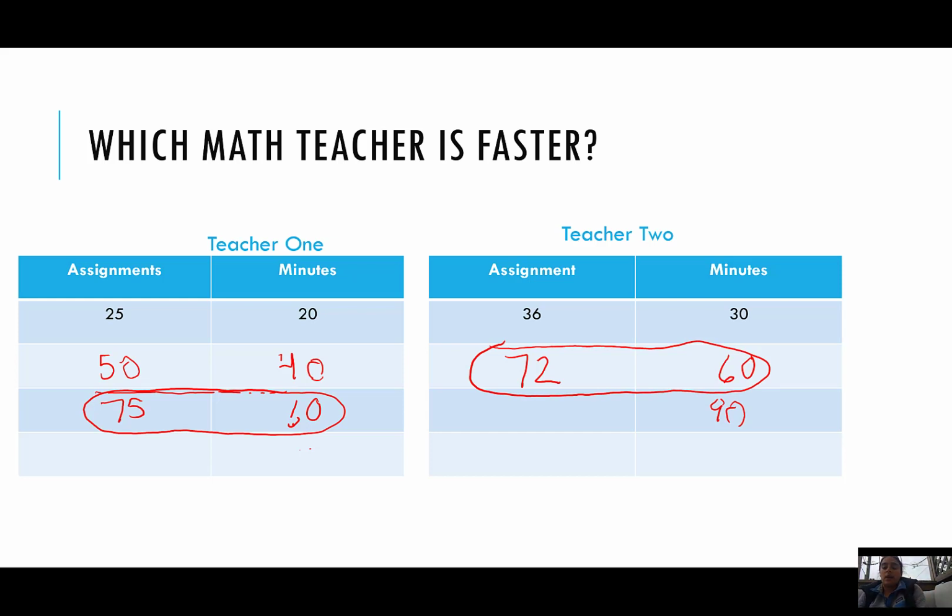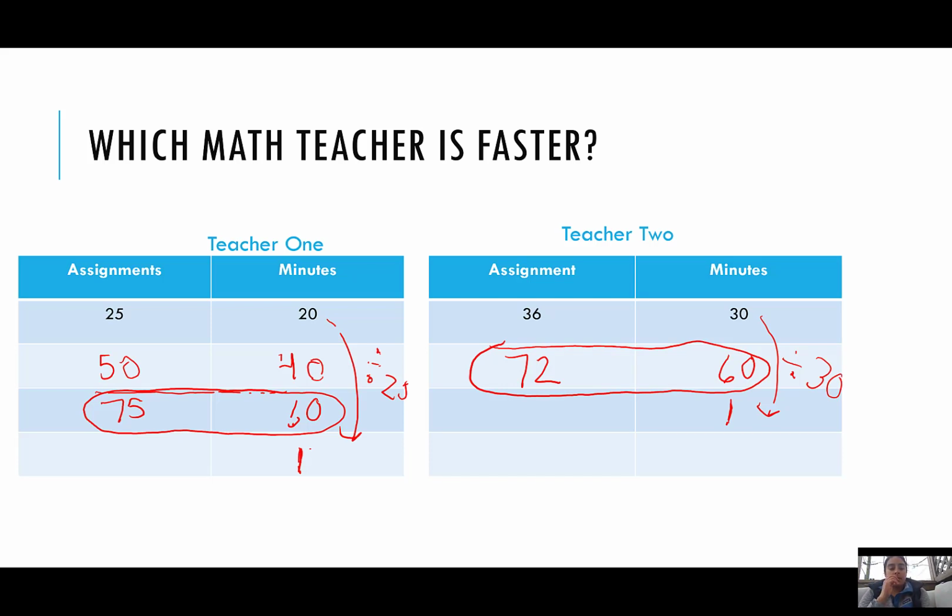Another way we could do that is using the unit rate, is to figure out how many assignments the teacher can grade in 1 minute. So if I wanted to set this to 1 minute in both examples, I'm dividing the 20 by 20 to get 1, and 30 divided by 30 to get 1.